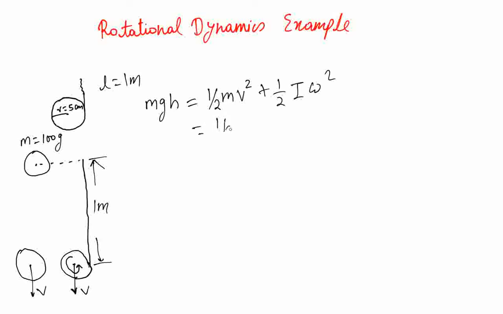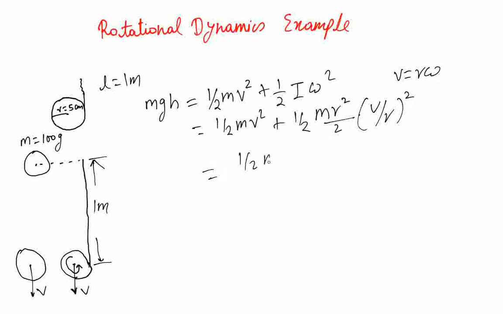And that gives us half mv squared plus half, we know that for a disk I is mr squared over 2, where r is the radius of the disk, which we said is 5 centimeters, times, interestingly radius is not playing any role in here, but anyway, let's go ahead, and we know v equals r omega, so that gives us v over r squared.